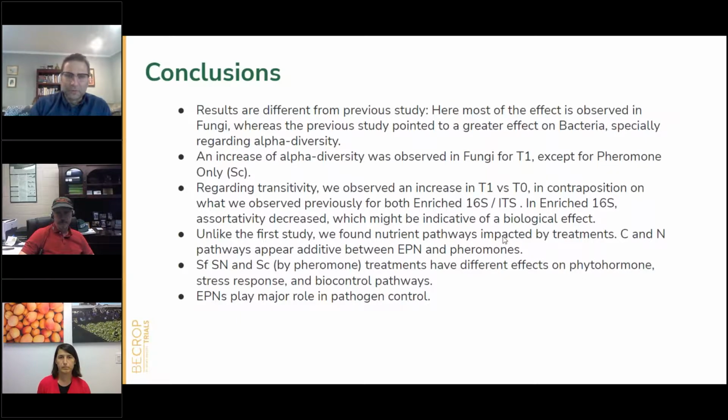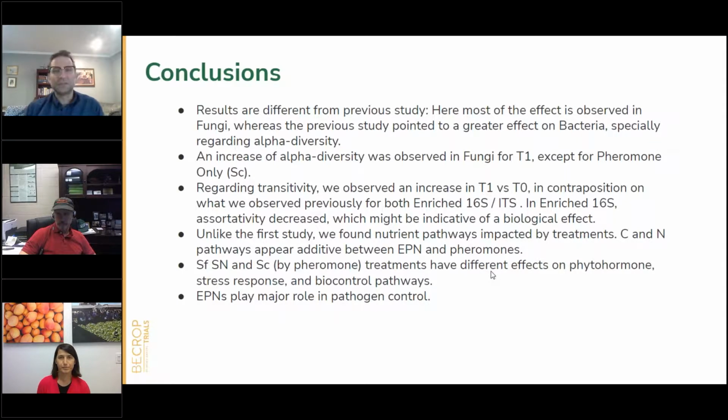And then we've gone over a little bit on how the nematodes and the pheromones are interacting differently in terms of the phytohormones of the plant, the auxin and the abscisic acid, as well as some of these biocontrol pathways, where the pheromone itself is basically encouraging the microbes to fight off pathogens, and the nematodes themselves are actually directly interacting and driving down the pathogens themselves.